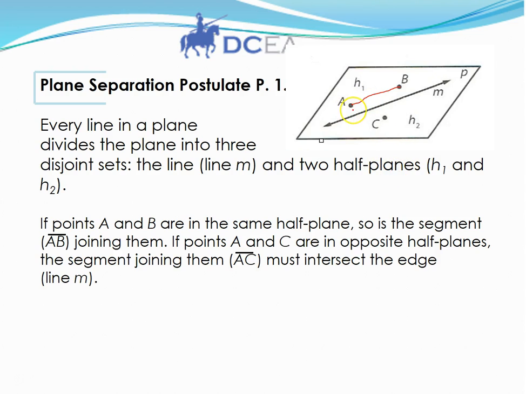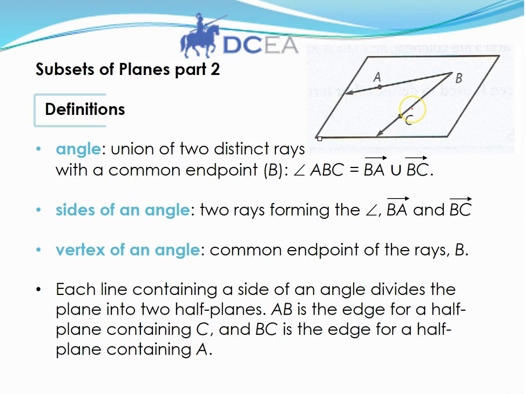If points A and C are connected or joined, then they actually intersect with line M, the edge of the half plane.